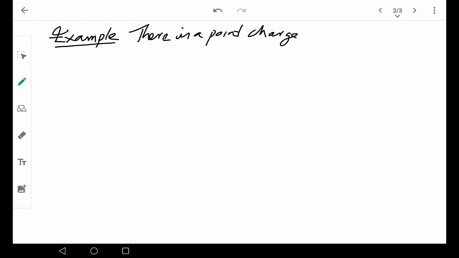Example. There is a point charge of -5 millicoulomb at the point 0, 0.